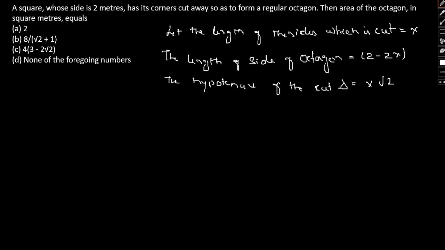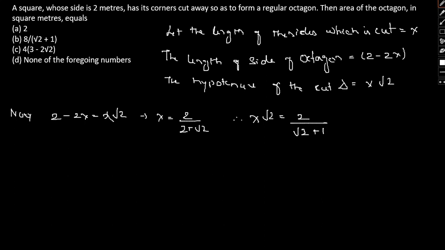Now, 2 minus twice x equals x root 2. Therefore x can be given as 2 by 2 plus root 2. Therefore x root 2 can be given by 2 by root 2 plus 1.